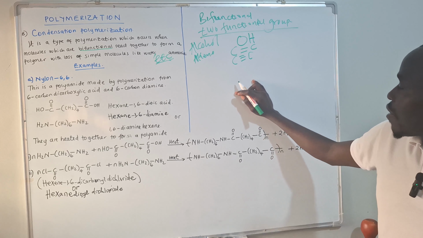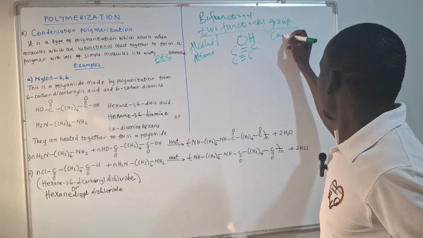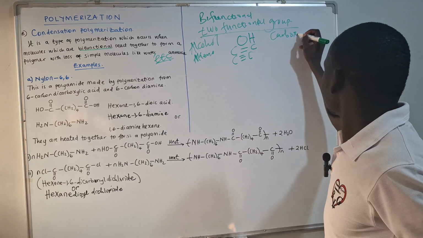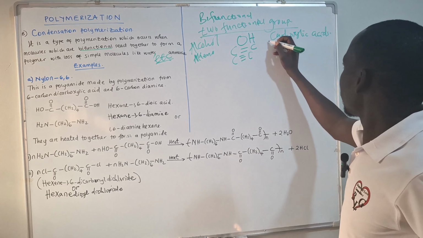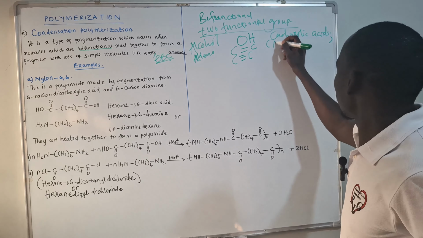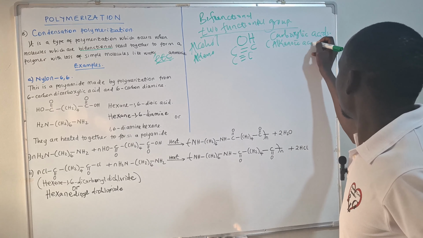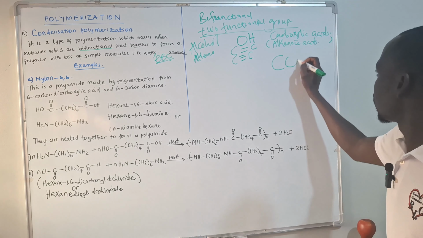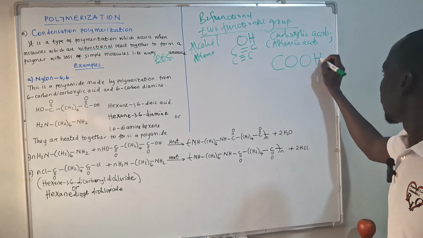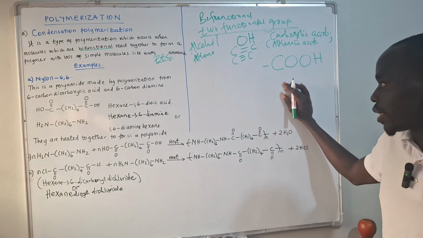Then we proceeded and said, for the carboxylic acids, and if we don't want to call them like that, we shall call them alkanoic acids, we looked at their functional group also and said the functional group is written like that. So this is the functional group for carboxylic acids.